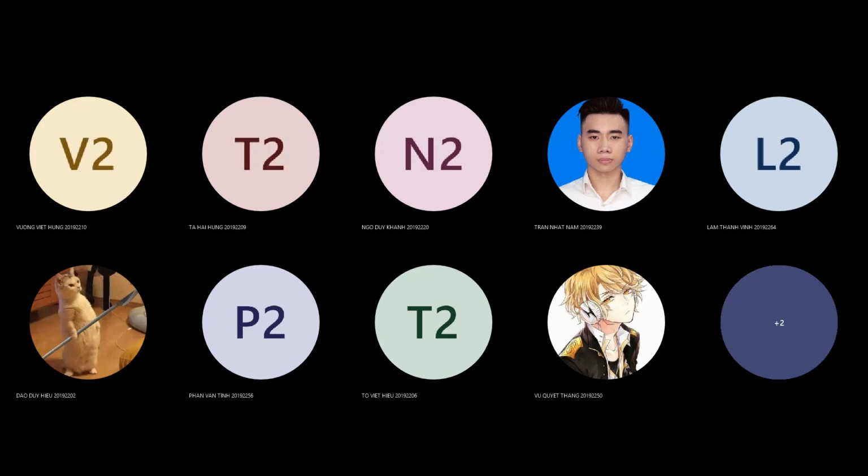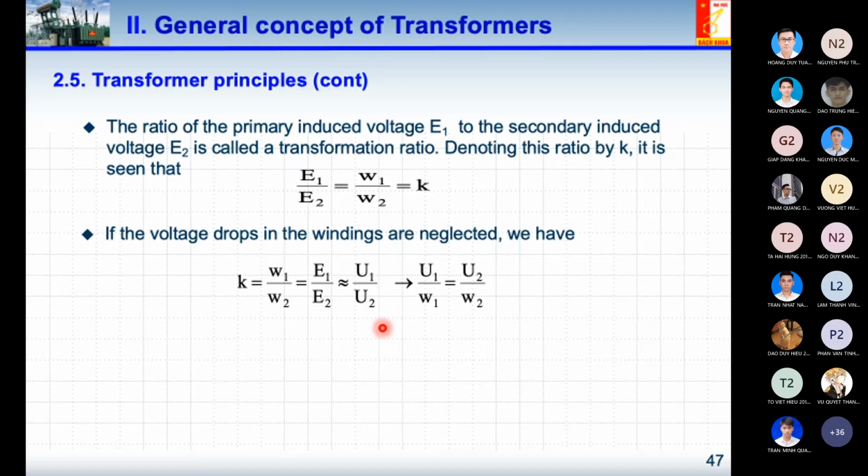U1 and U2 differ because of the voltage drop, and K is the transformation ratio. Now if we take U1 divided by W1, it is equal to U2 divided by W2.